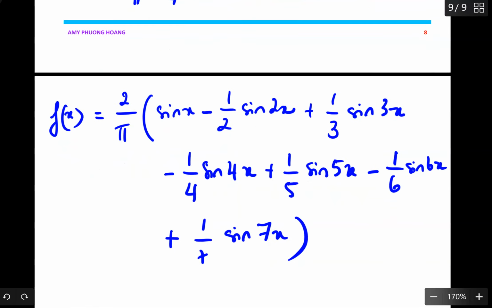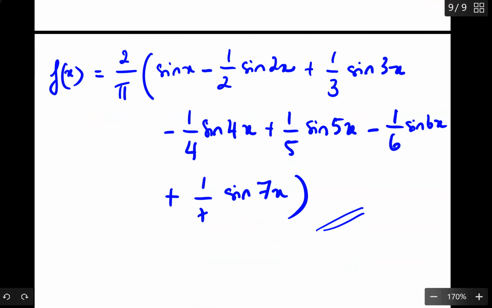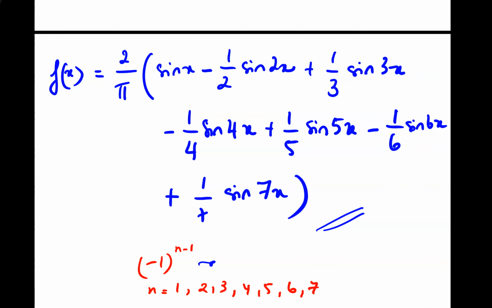So this is the Fourier series for that waveform as a sawtooth wave, given the equation in a summation, and I just have to expand it into 7 terms. And as you notice, the minus 1 to the exponent n minus 1, given n equals 1, 2, 3, 4, 5, 6, 7, is to let you know that you will have a positive and a negative, the positive and the negative, in this case.